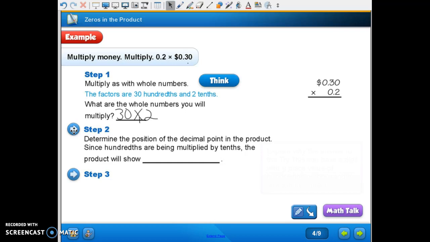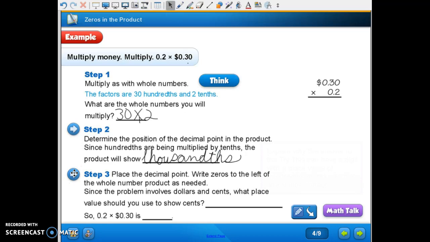Determine the position of the decimal in the product. Since hundredths are being multiplied by tenths, the product will show what? Hundredths times tenths. Thousandths. To place the decimal point, write zeros to the left of the whole number product as needed.